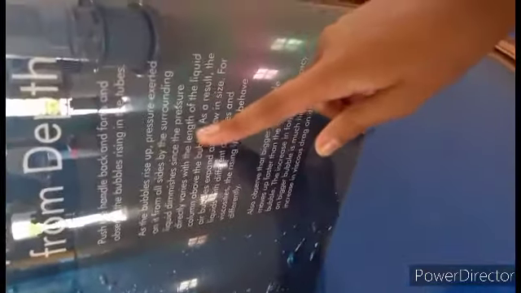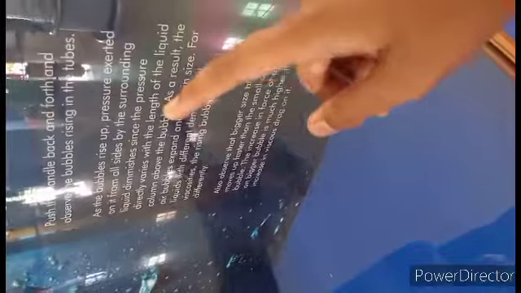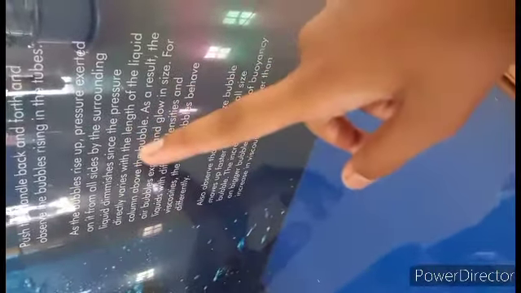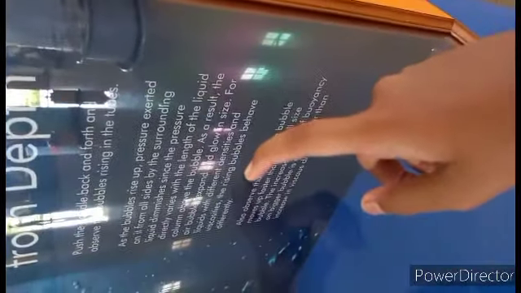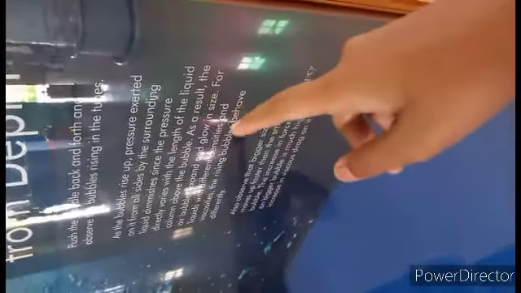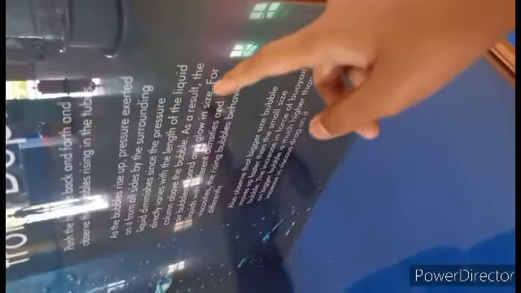So, as we can see, the bubbles rise up as the pressure exerted on it from all sides by surrounding liquid diminishes. Since the pressure directly varies with the length of the liquid column above the bubble, as a result, the air bubbles expand and grow in size.